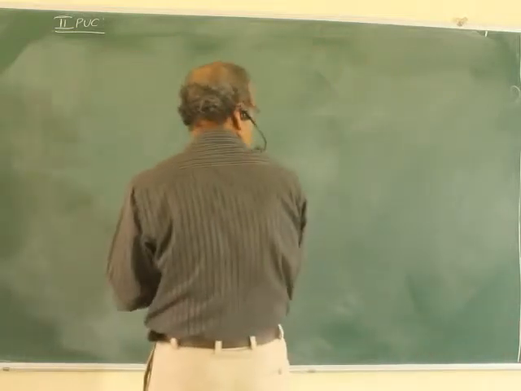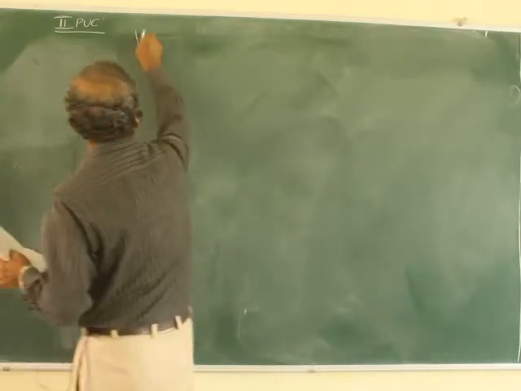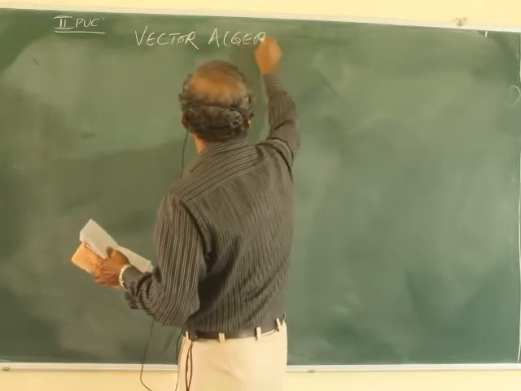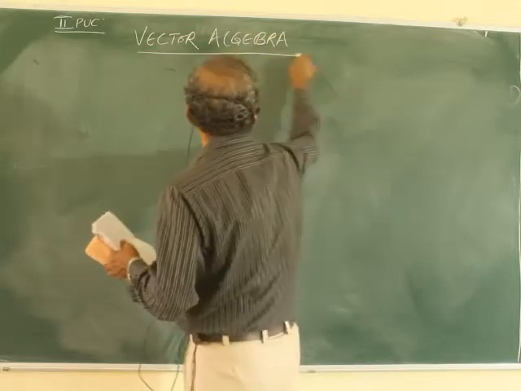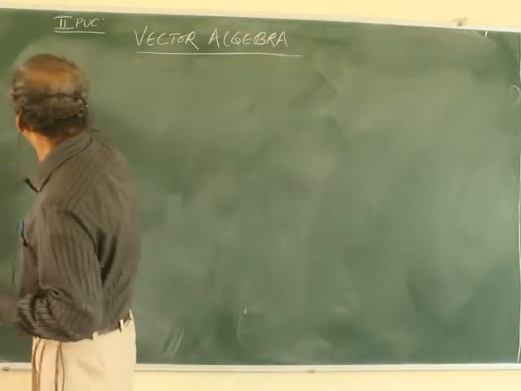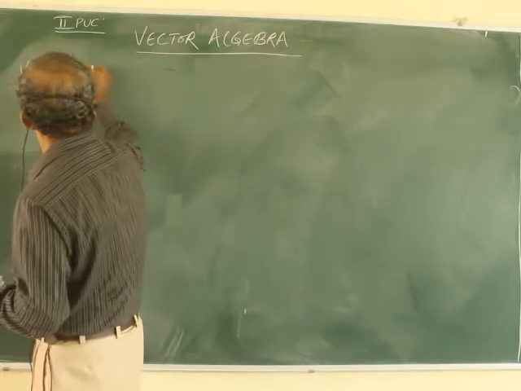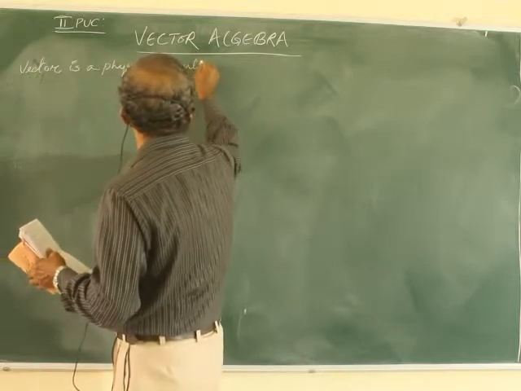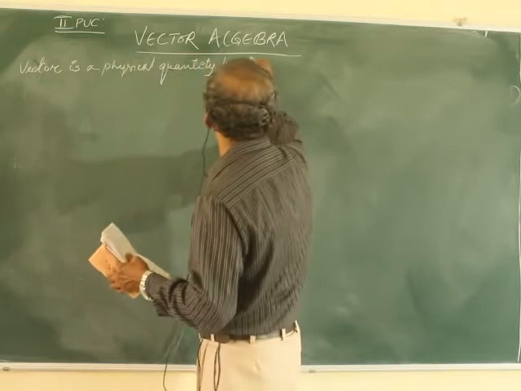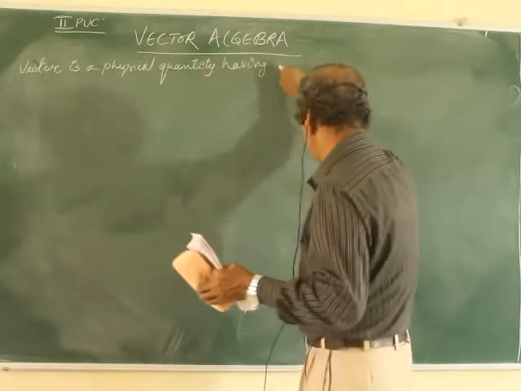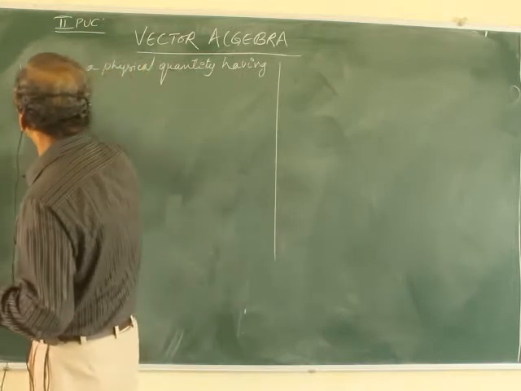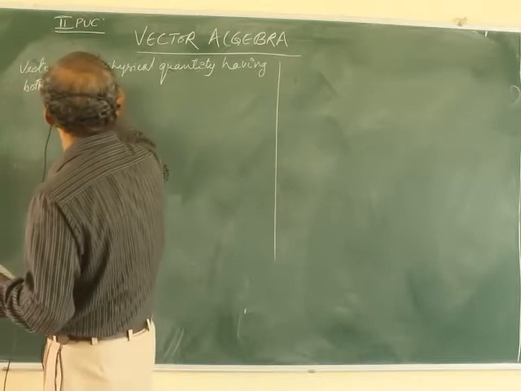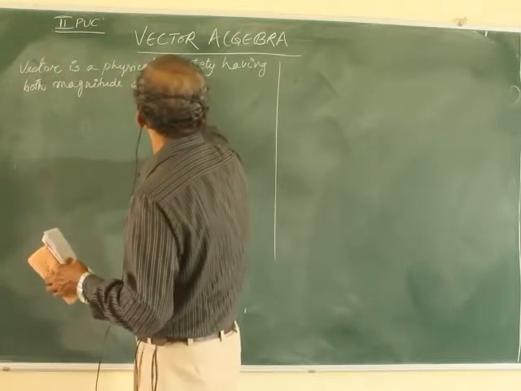So let me write the first definition of this. Chapter is vector algebra. Vector is a physical quantity having both magnitude and direction.